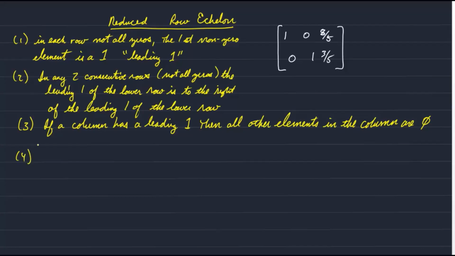And then the fourth characteristic of a row echelon form is that all rows made of all zeros are grouped together on the bottom of the matrix.